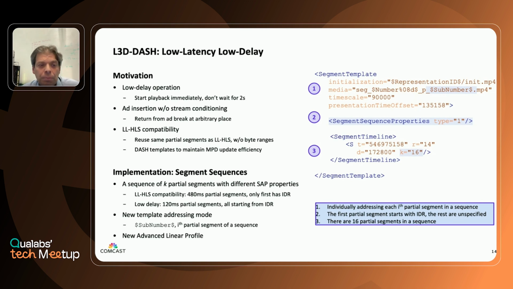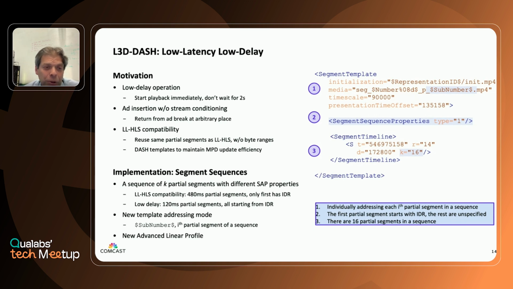You use byte ranges. People tend to complain about byte ranges, having implemented or having tried to implement them. So if we want to do really good HLS compatibility, we have these discretely addressable partial segments.